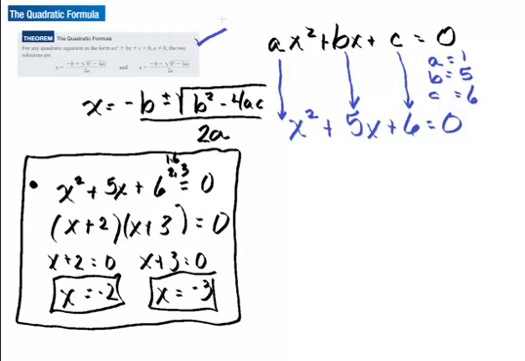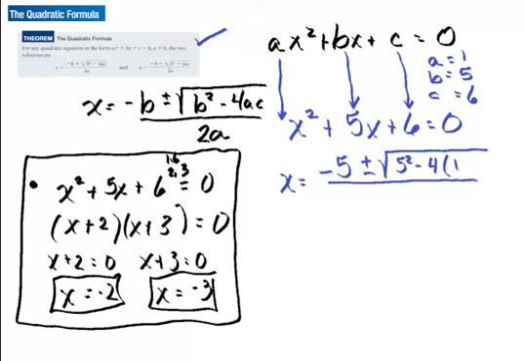It tells me that this will give you your answers for x if you put it in this ax squared plus bx plus c form. So let's do this. x equals minus b, that's minus 5, plus or minus the square root of 5 squared minus 4 times a times c, all over 2 times a.